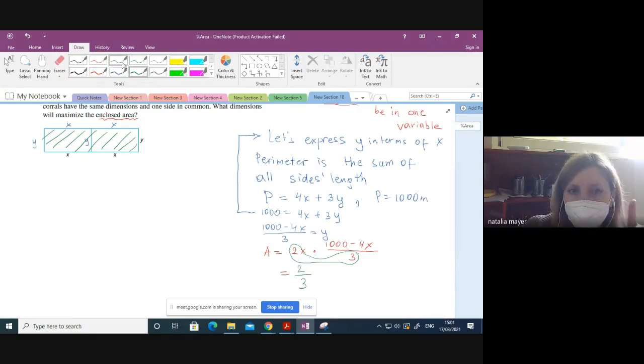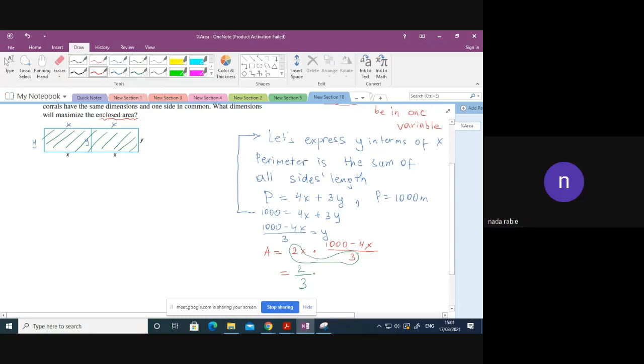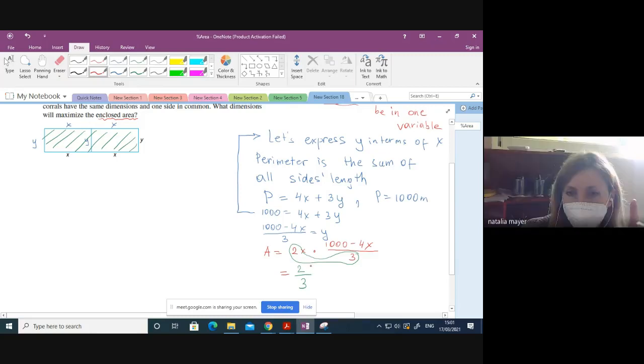And then, as you said, Nada, x will go to this. So it's going to be 1000x minus 4x squared, all over 3. Okay? Guys, Ziad, Omar, are you fine with that?